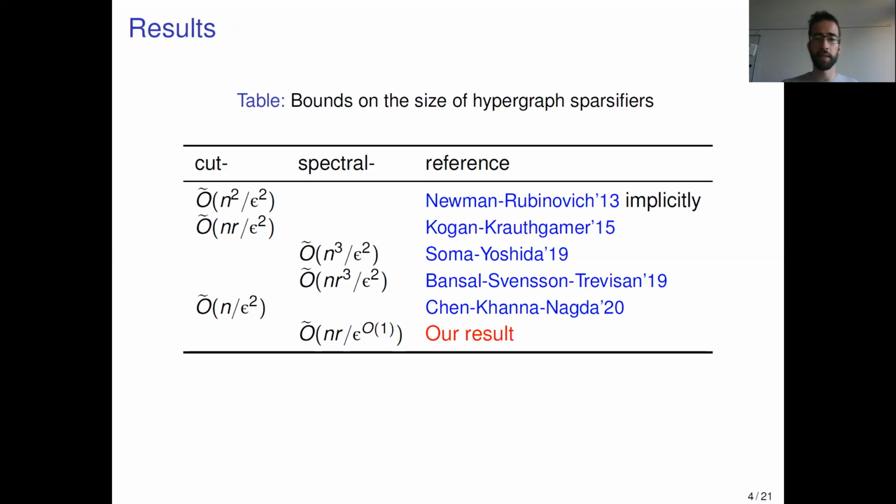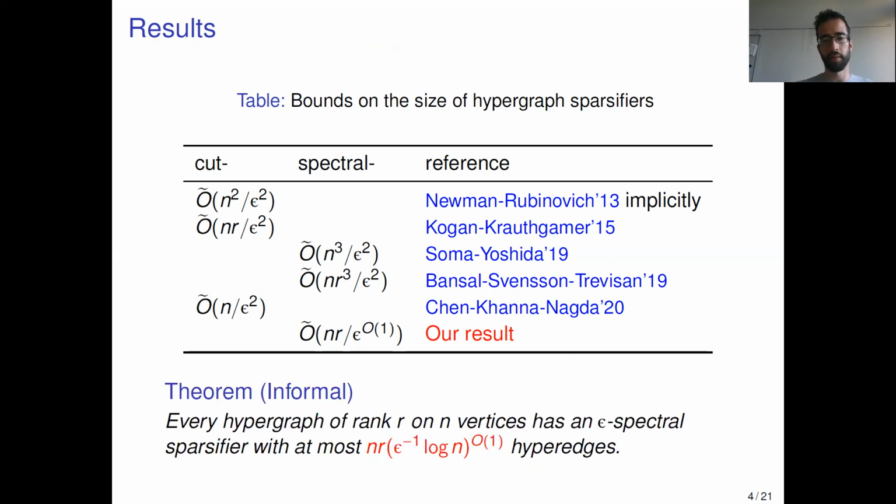And so indeed, this has been studied also in recent years, both cut and spectral sparsification of hypergraphs. In particular, for cut sparsification, the recent exciting work of Chen, Khanna, and Nagda achieves a nearly linear size. And for spectral sparsification, we're not quite there, but our result is an approximately n times r sized spectral sparsifier, where r is the arity of the graph, so the maximum size of a hyperedge.